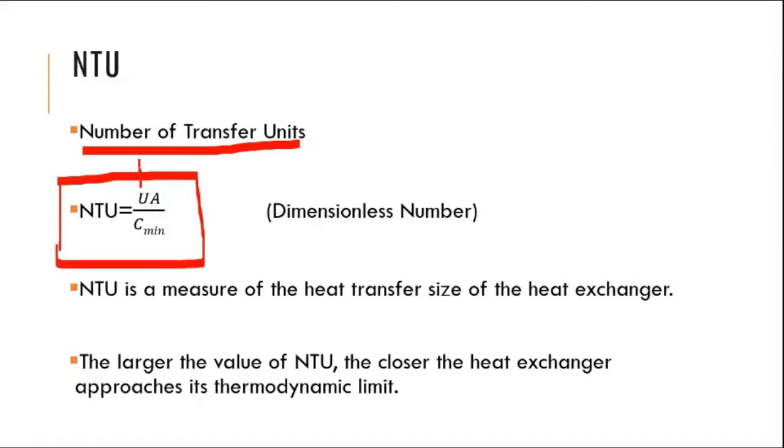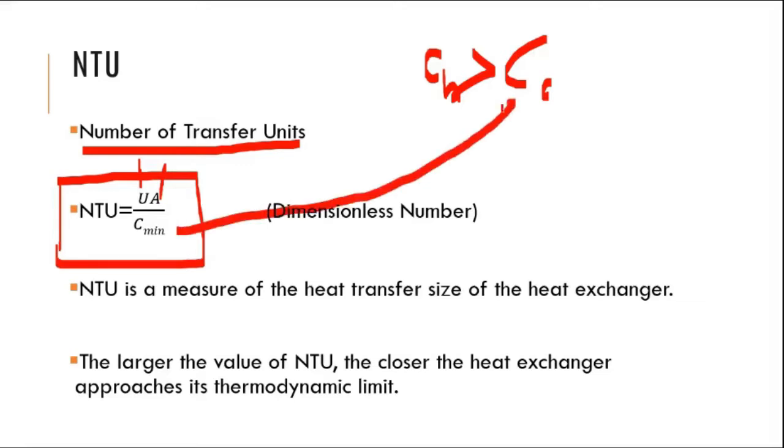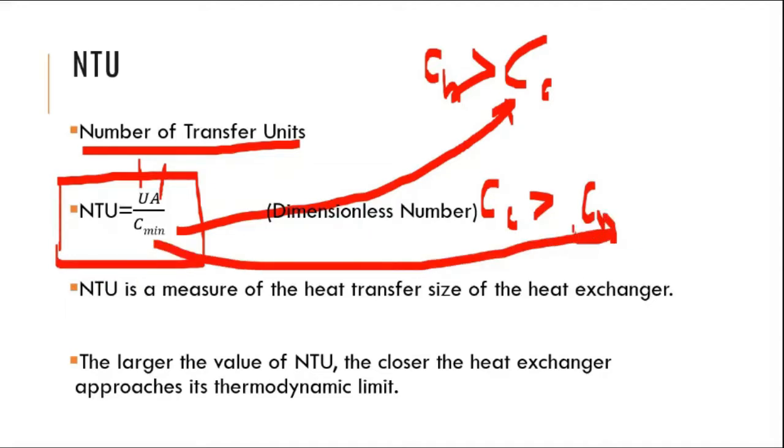U is overall heat transfer coefficient, A is area, and Cmin is the lower value among CH and CC. If CH is greater than CC, then the Cmin value will be equal to CC. If CC is greater than CH, then Cmin value will be equal to CH.